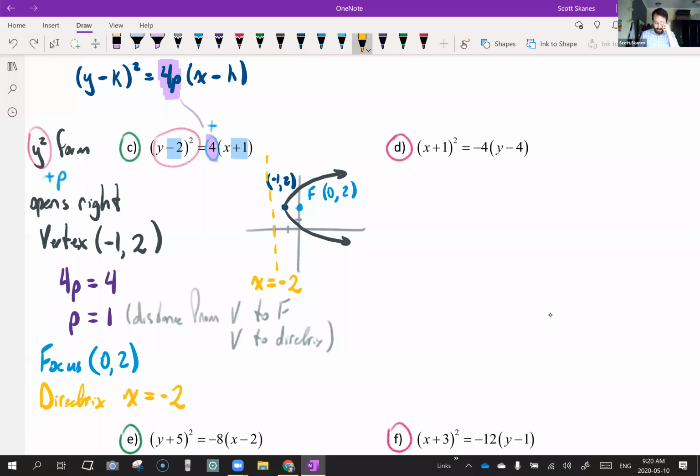So let me step you through it. First of all, can someone tell me if this is x squared form or y squared form? In question D. Someone tell me if the term that's squared has an x in it or a y in it.